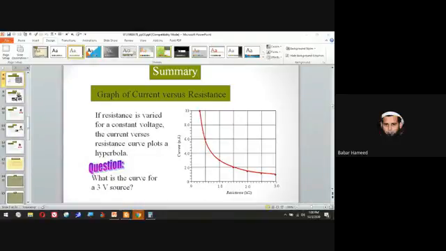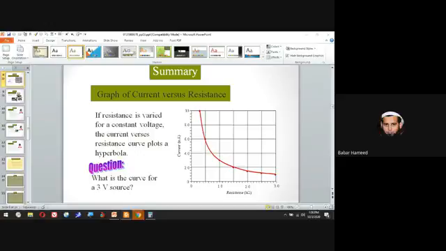For example, if the source voltage is held constant and the resistance is halved, what do you think? If the source voltage is constant and resistance is halved, the current will be doubled. And when the resistance is doubled, the current will be reduced to half. Let's have an example, because an example will make us clear.